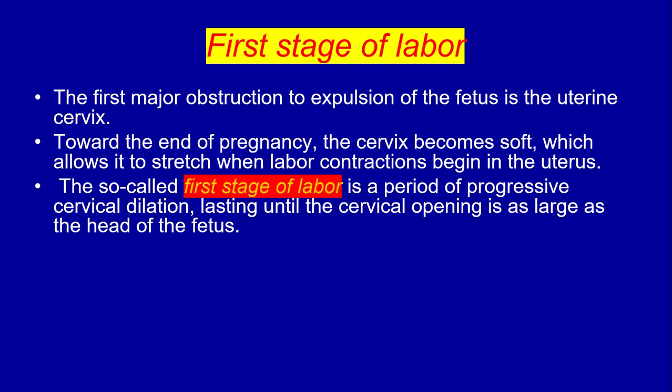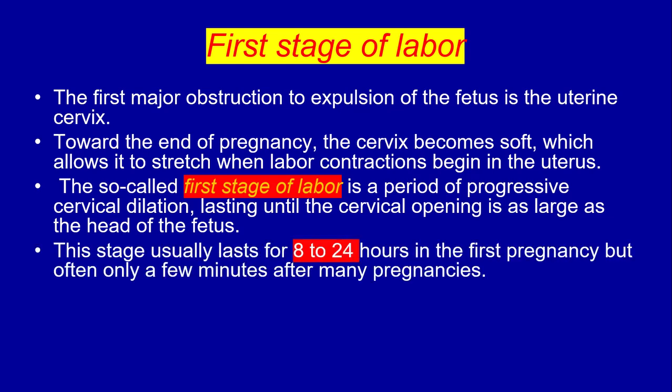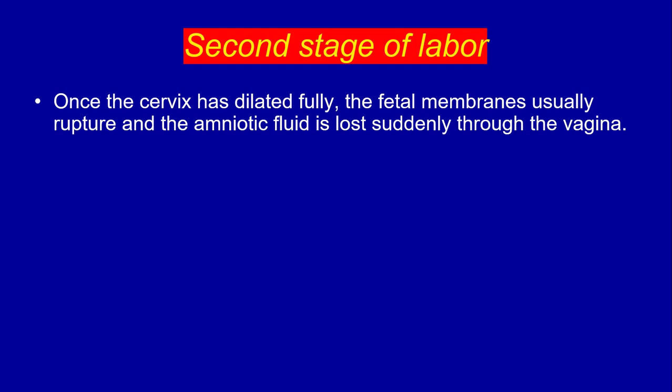The so-called first stage of labor is the period of progressive cervical dilation lasting until the cervical opening is as large as the head of the fetus. This stage usually lasts for 8 to 24 hours in the first pregnancy, but often only a few minutes after many pregnancies.